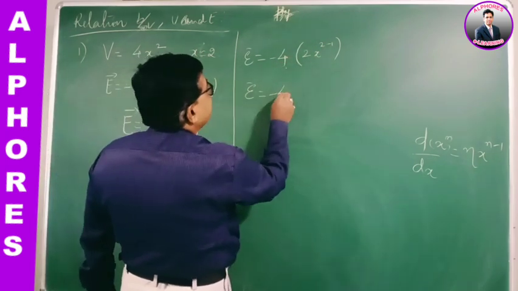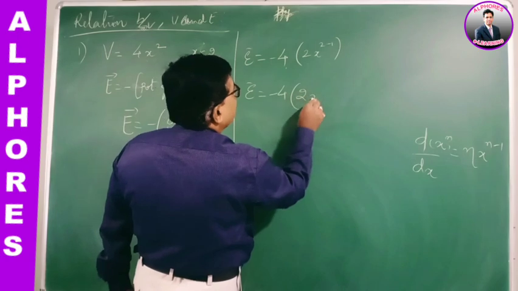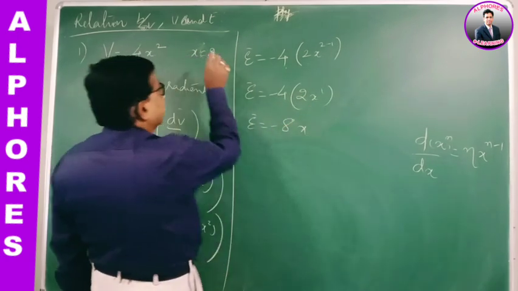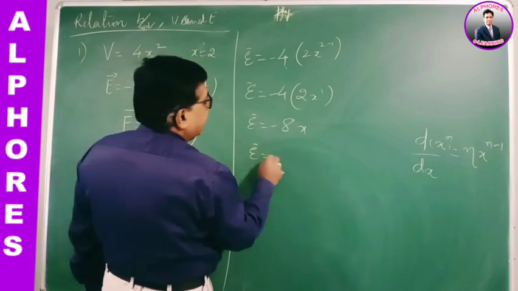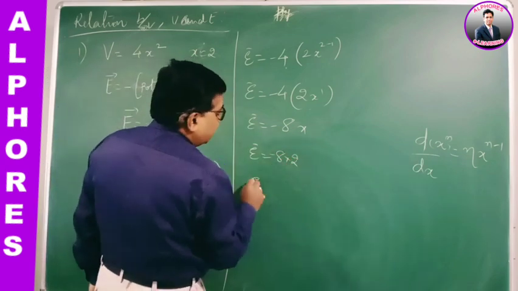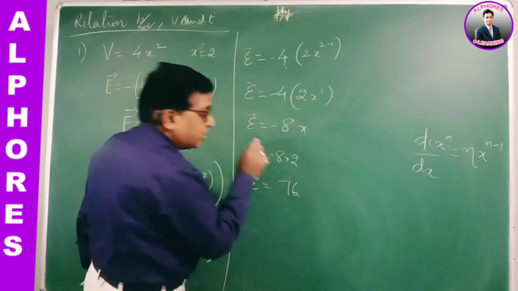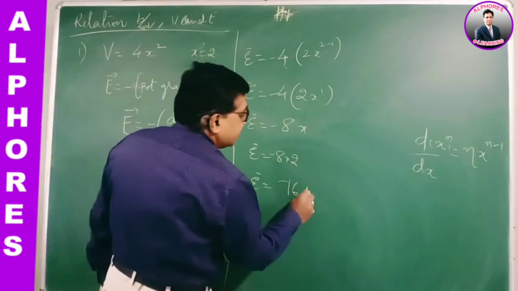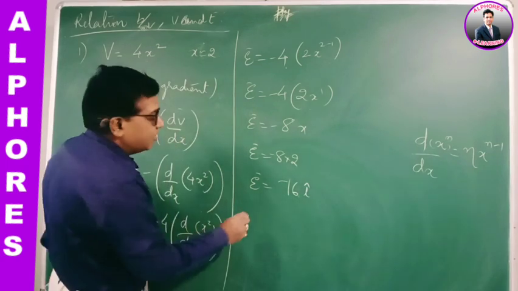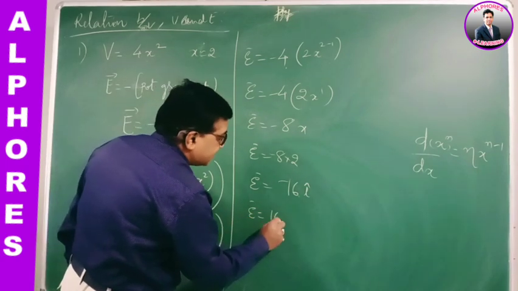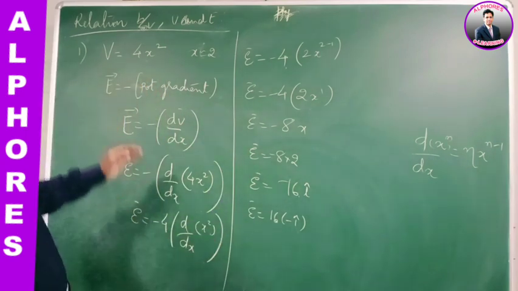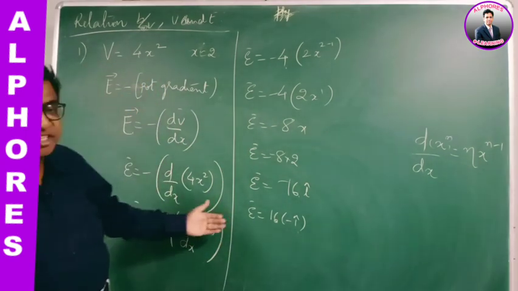So E is minus 4 of 2x power 1, so E is minus 8x. Well, x is given as 2, so E is minus 8 into 2, it's minus 16. The magnitude is 16, and the direction is along the x-axis: E bar is 16 along minus i cap, the negative x-axis.